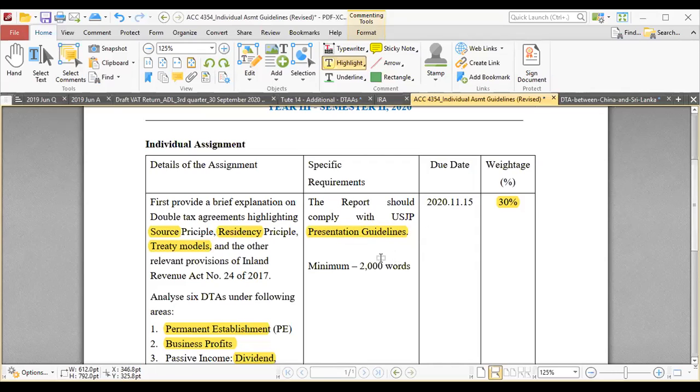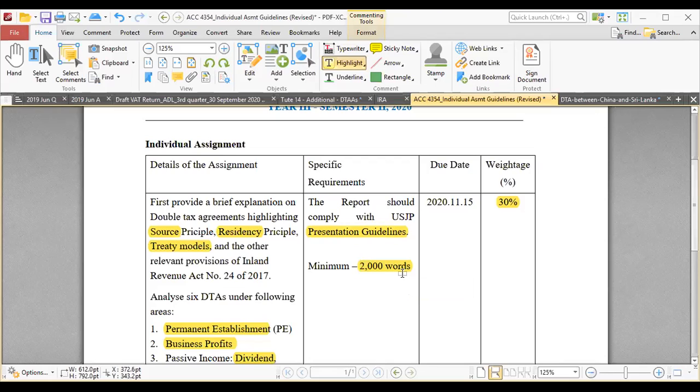You can't use different fonts, even when you are copy pasting; those things are not allowed. You can create it in your Word document. The minimum word limit, newly included, is 2000 words, and you can go beyond that.